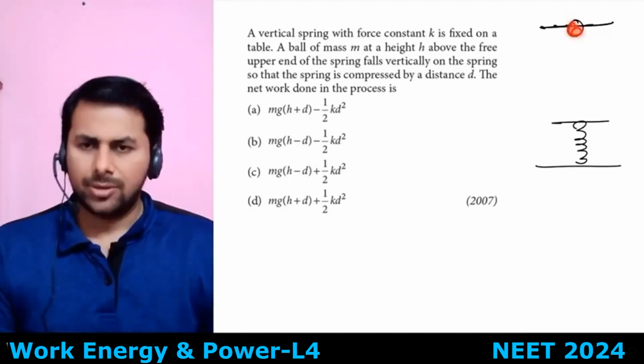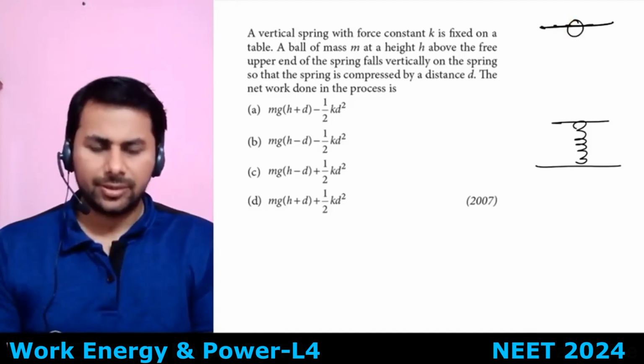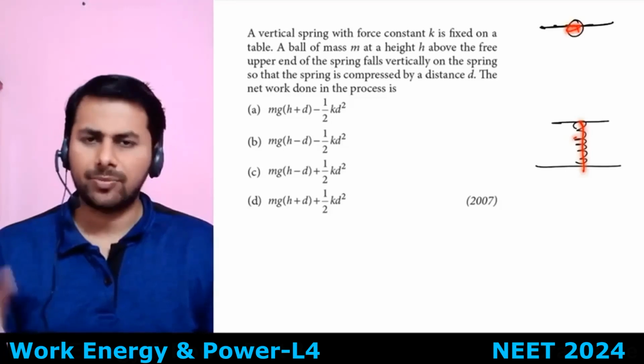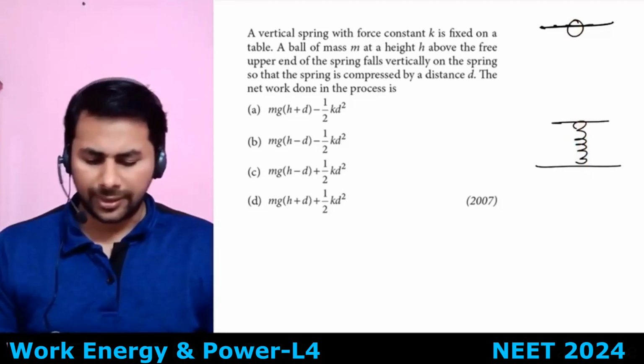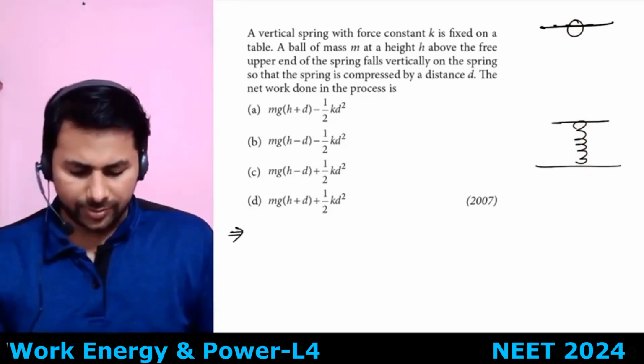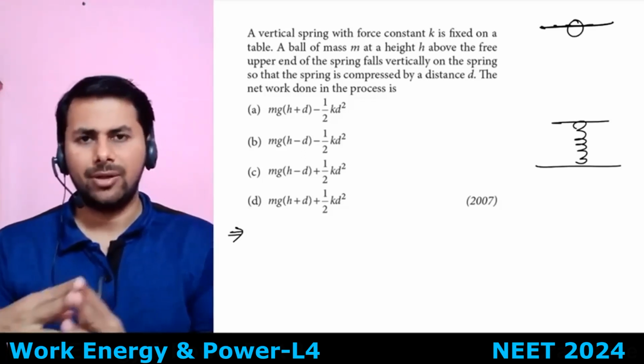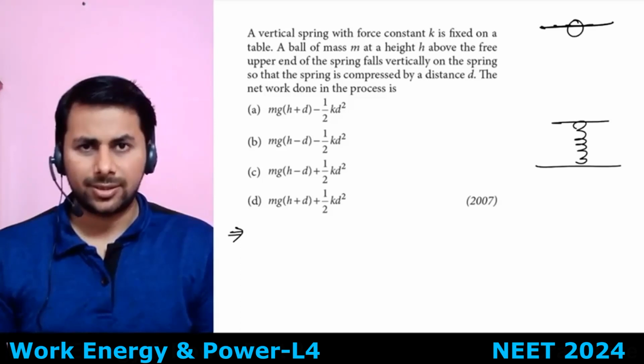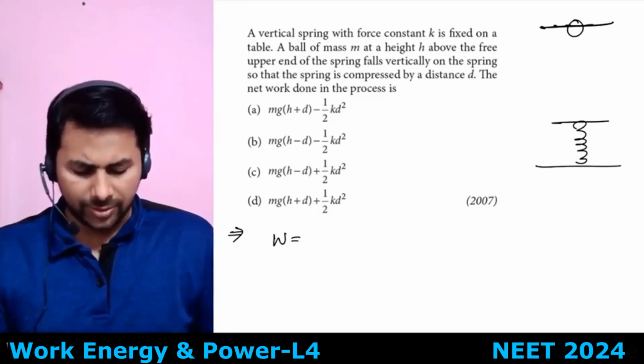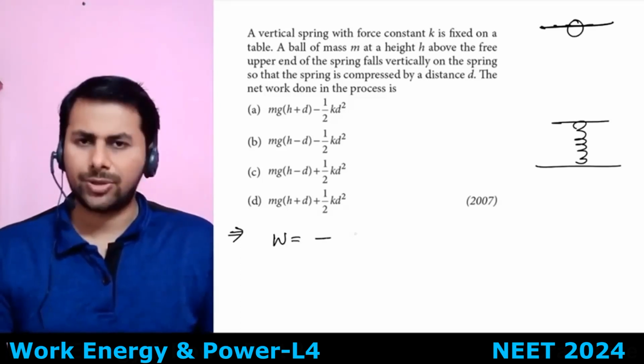So now the spring has some potential energy. Ball has some potential energy, right? So there will be some initial potential energy and there will be some final potential energy, and work done is equal to minus of change in potential energy.